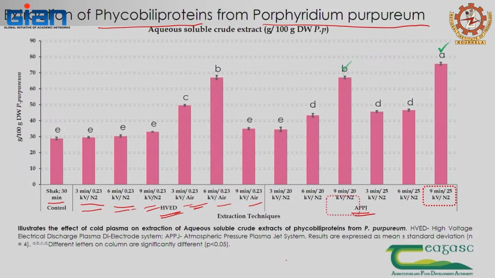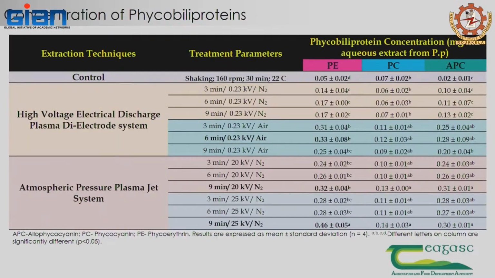Yeah. Oops. So, now again, high voltage electric discharge, either by shaking or different time points, different plasma settings, that is phycobilin protein, and these phycobilin proteins are pink color proteins. That means PE, PC or APC, that is all phycocyanins, that is color-bearing protein compounds. Yeah.